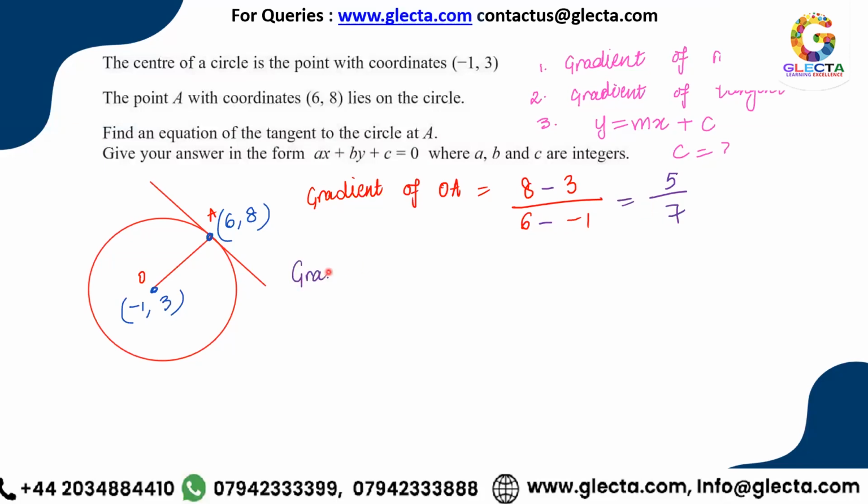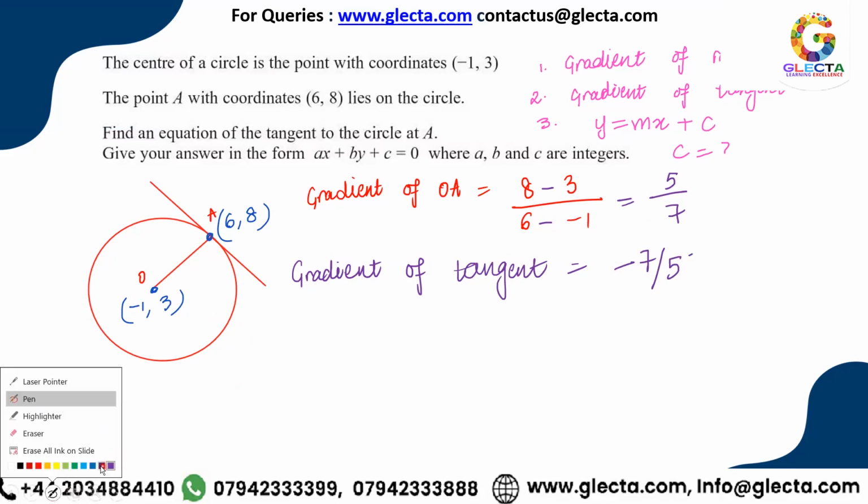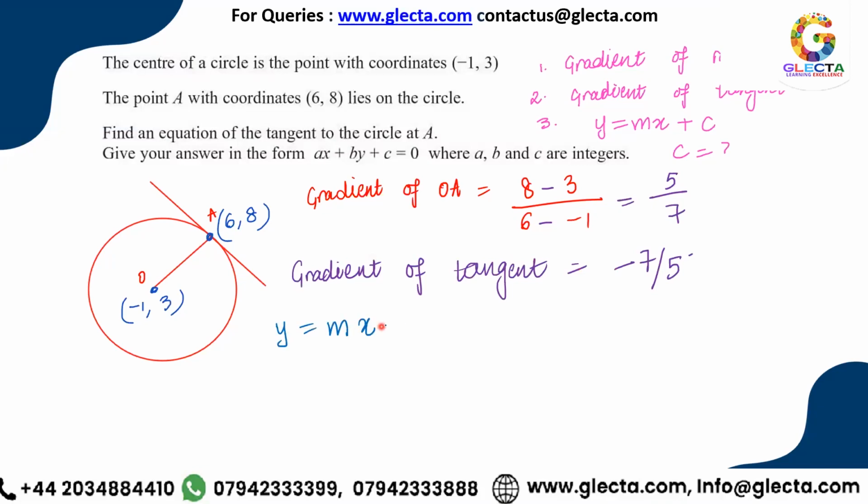Now if I want to calculate the gradient of tangent, we just have to take the negative reciprocal of it, which would be -7/5. All right, that was our step 2. Now, the third step. Equation of a straight line is y equals mx plus c, where m represents the gradient, everyone.